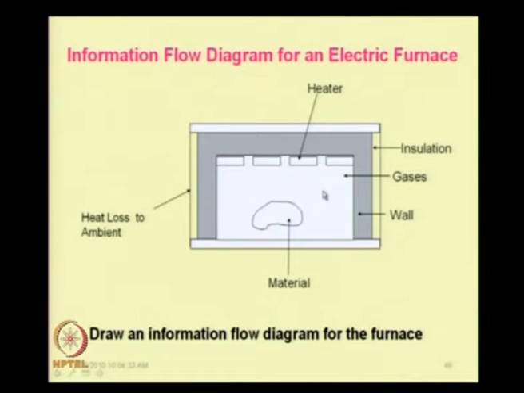There are gases inside which separate the material from the walls and also from the heater. You have got an insulation, you have got a wall, and then there is an insulation. So material, heater, wall, insulation, and finally there is heat loss to the ambient. Now please draw an information flow diagram for this. Please take 5 minutes.